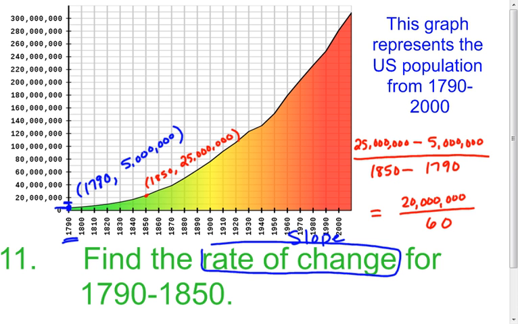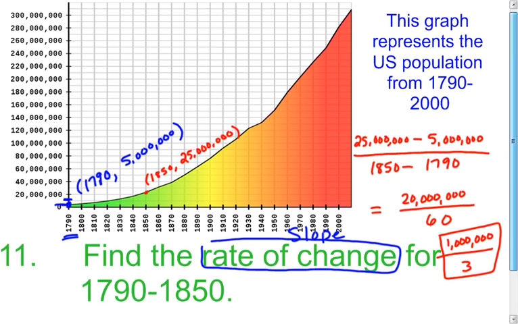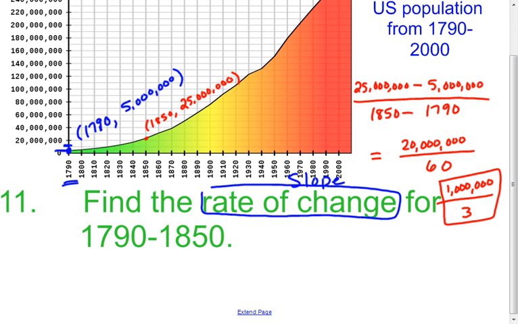And that can reduce. If you put that into your calculator and then hit math enter, you will get 1 million over 3. So this would be your rate of change, but you need to think about what that means.